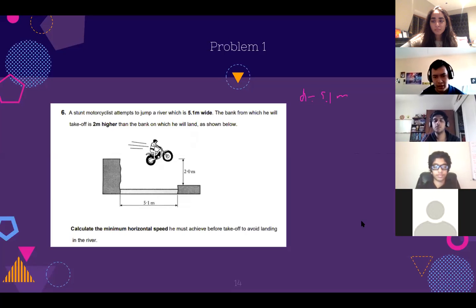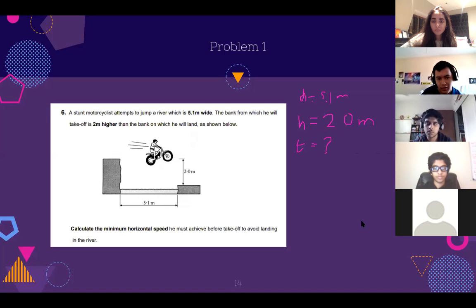And then H is 2.0 meters. We want to find time, or well, we don't know time, but we'll see that that's going to help us out, knowing time.